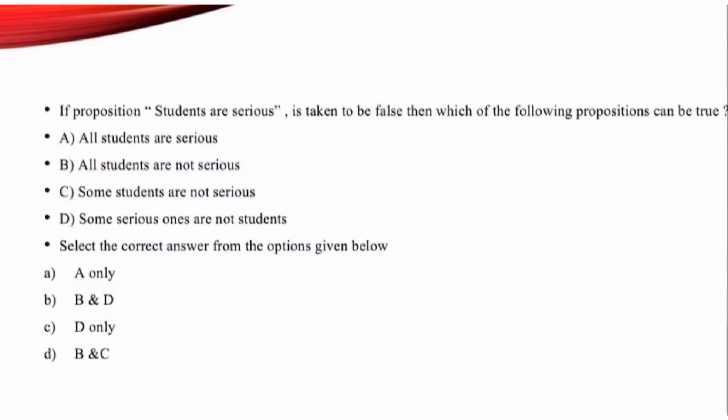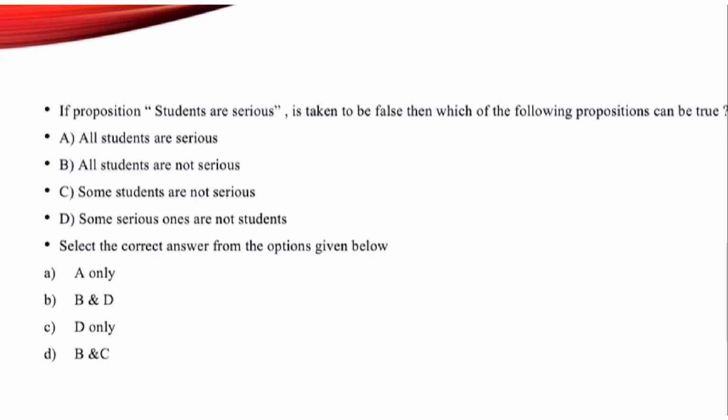First question, if the proposition students are serious is taken to be false, then which of the following propositions can be true? A. All students are serious. B. All students are not serious. C. Some students are not serious. And D. Some serious ones are not students.